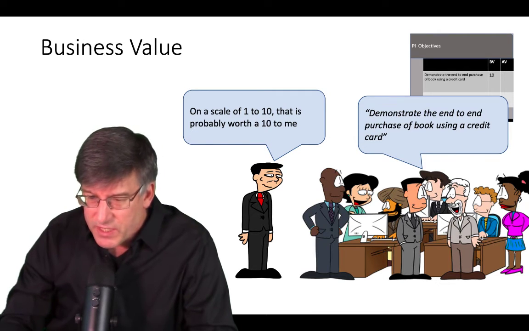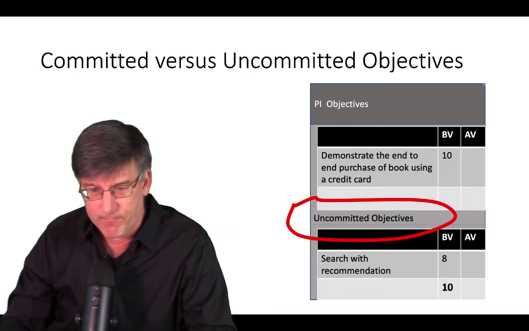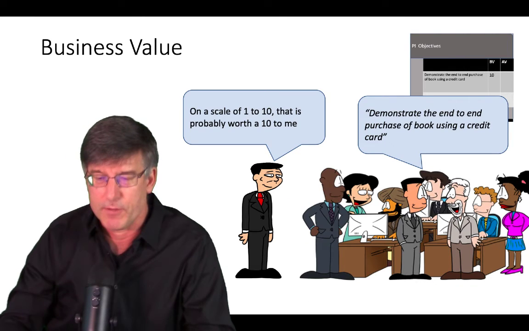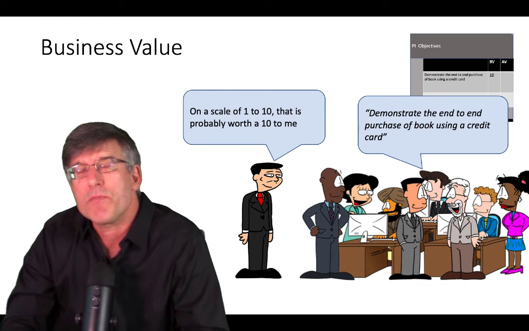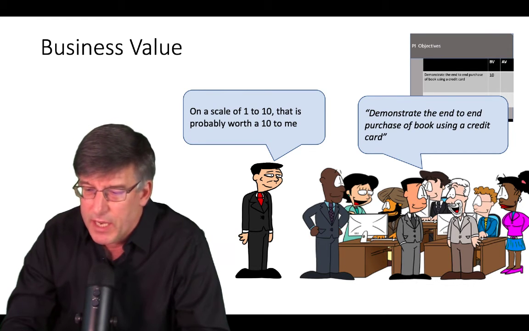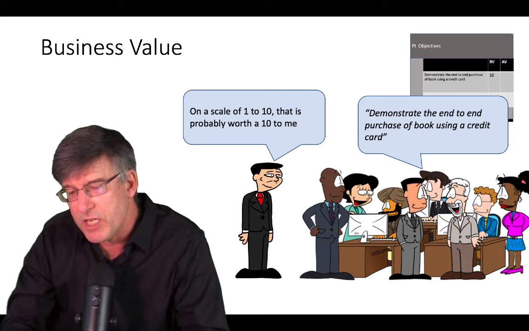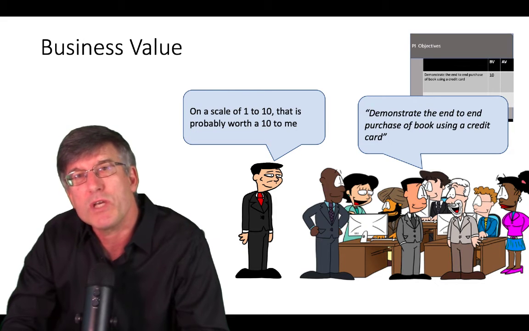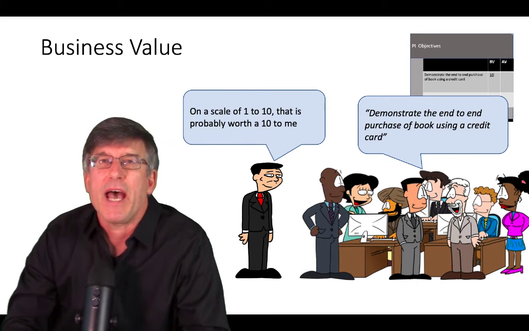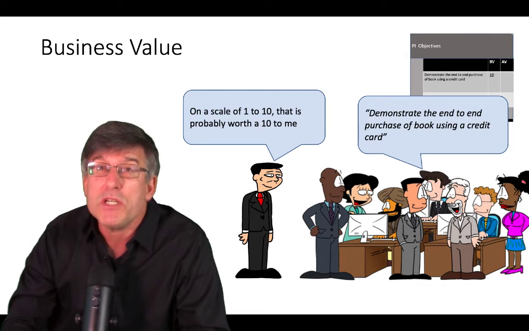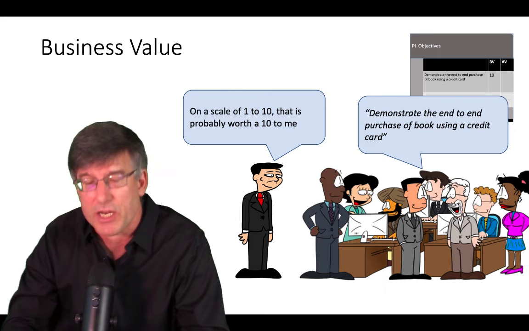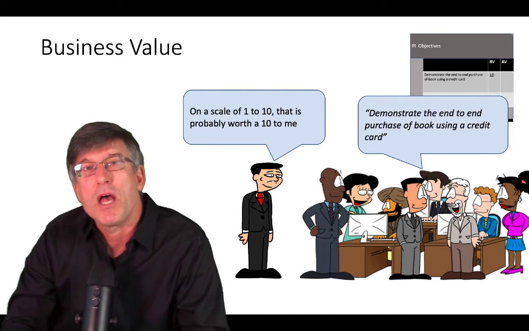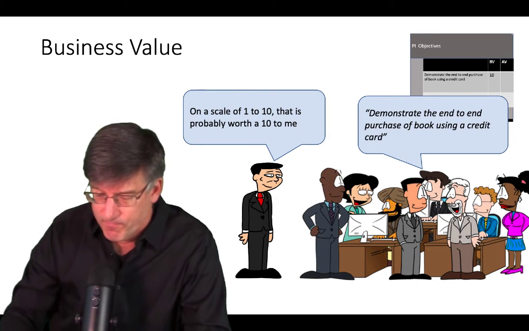So the next part of this is, of course, business value. And this is something that's caused a lot of people problems. The business owners will, during PI planning, come along and come to the teams, look at their objectives, both their committed and uncommitted objectives, and assign them a business value.